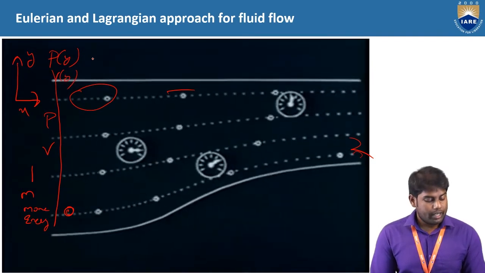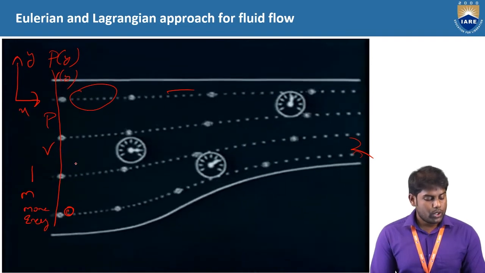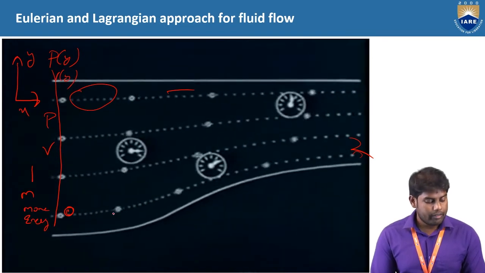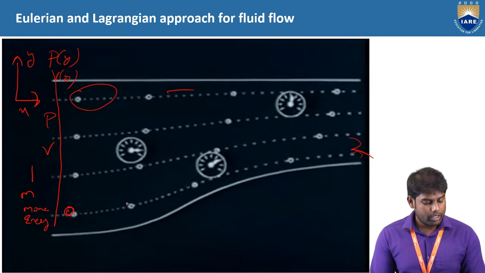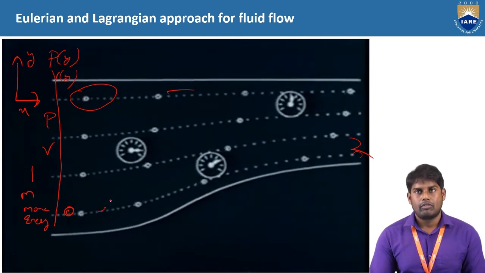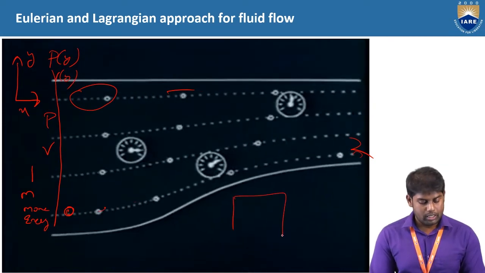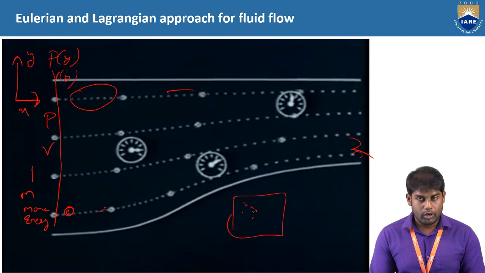And in the case of the Lagrangian approach, you will track the behavior of a fluid particle, an individual one. If you take any small space, you will have so many fluid particles.